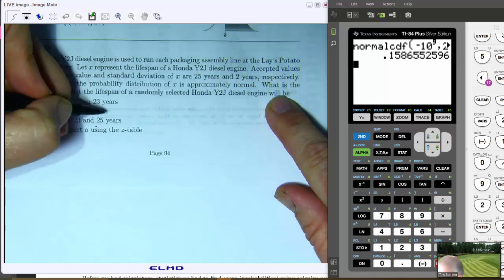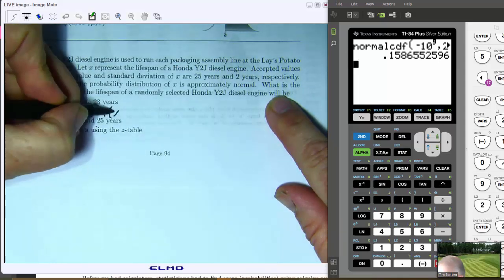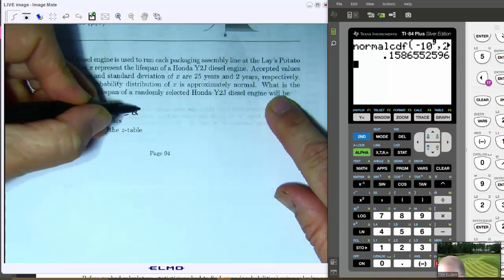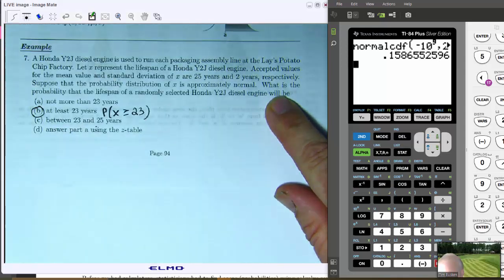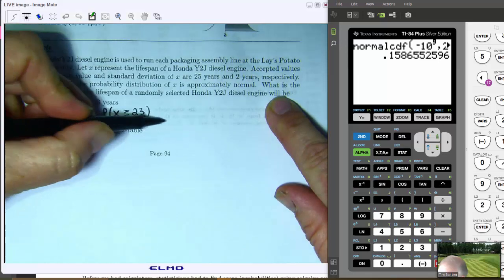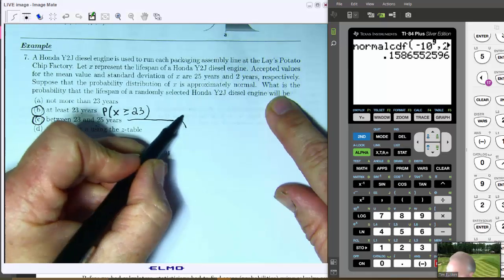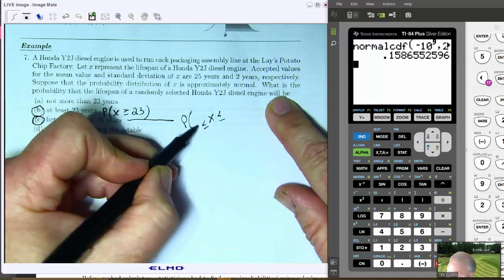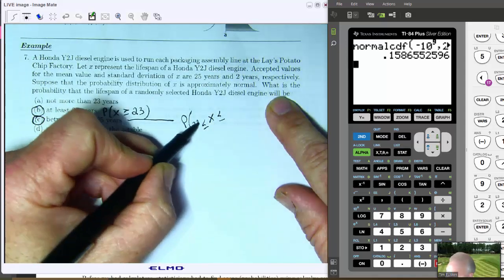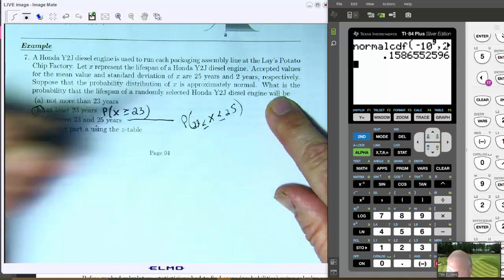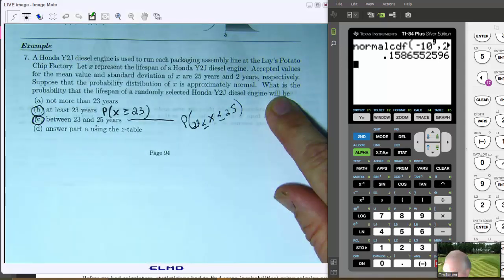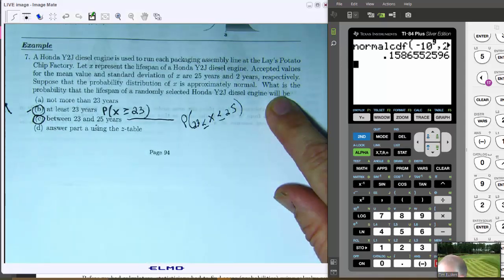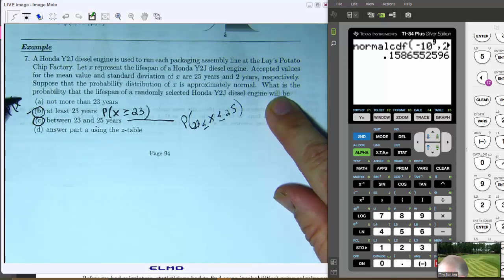And so they want us to find the probability that x is greater than or equal to 23. And in part C, they want us to find the probability x is between 23 and 25. So the way to write that is this. Okay, and in part A, we found the probability that x was less than or equal to 23.